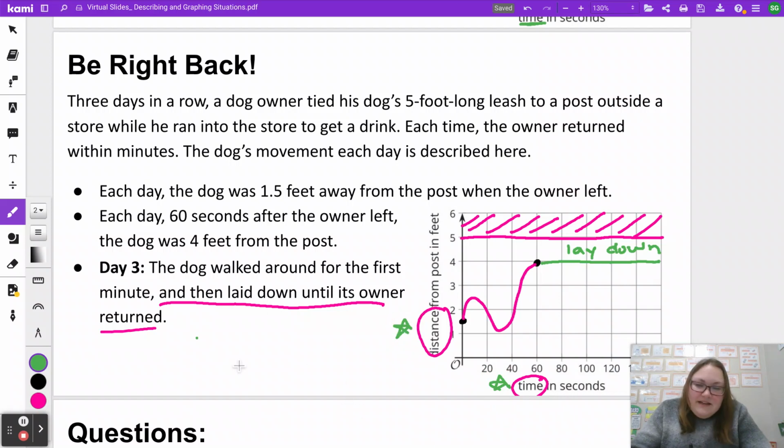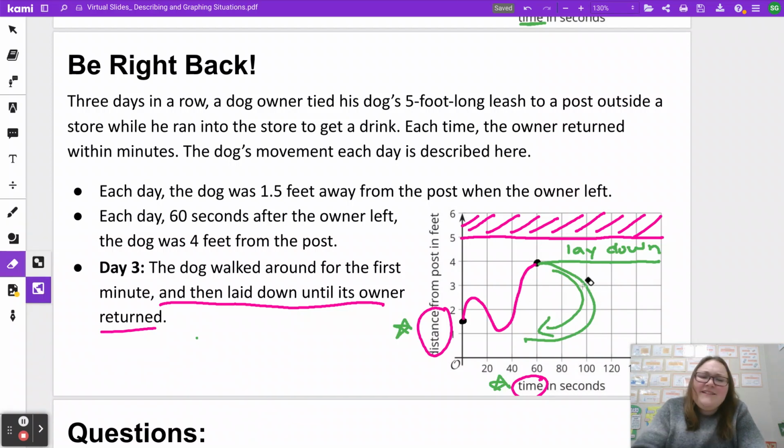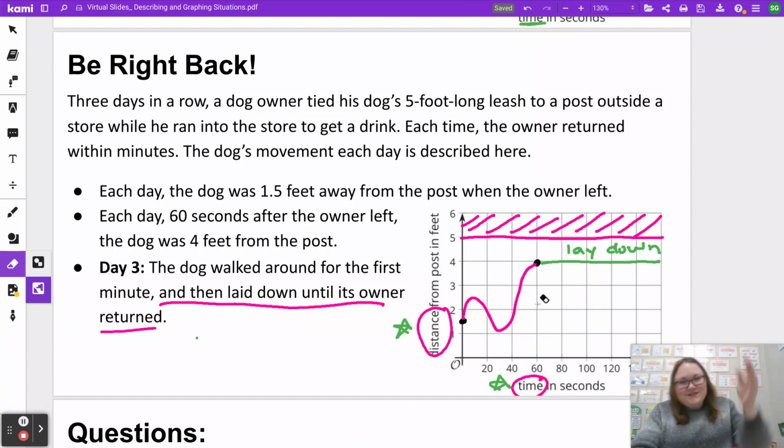So as I was reading through all of these descriptions, for example, the dog's laying down, I'm thinking about what does that mean about time? What does that mean about distance? And the other part that we mentioned is this idea of you can't go backwards in time. My line can't ever curve back around, especially when you're talking about time. But in a lot of these situations, it would not make sense for it to go back.